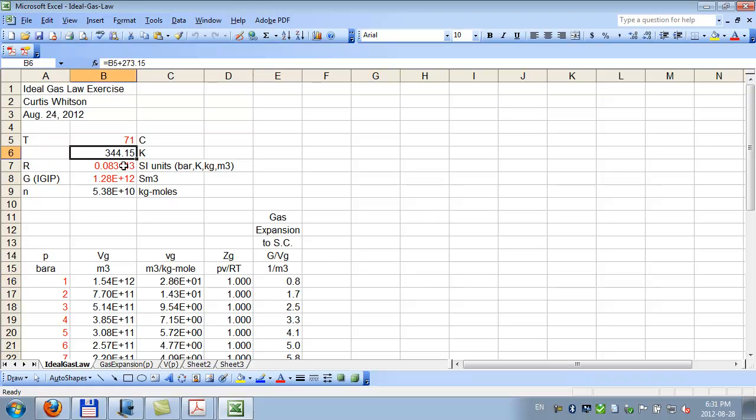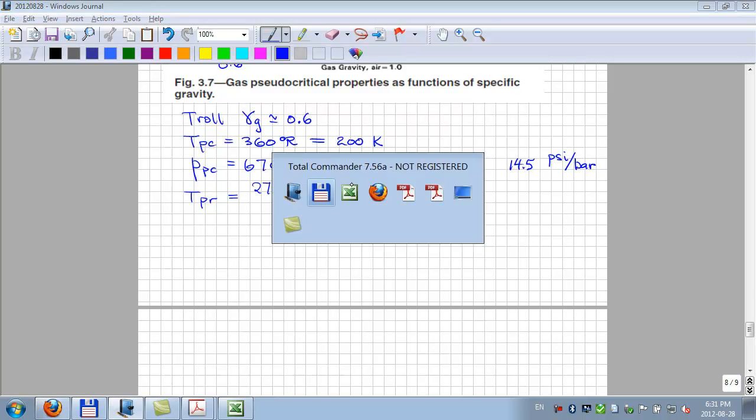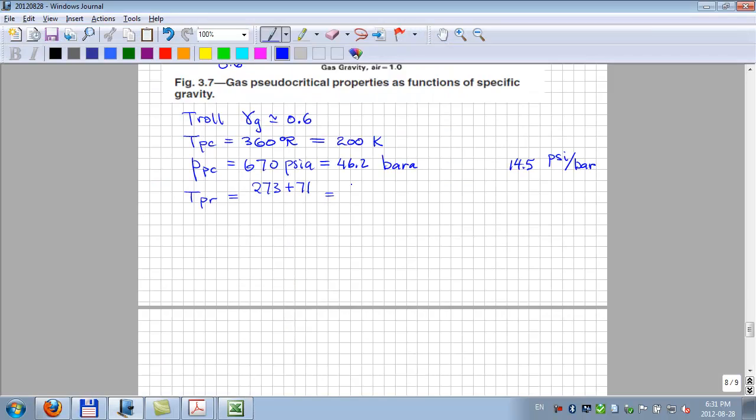Be this one here, 344.15, 273 plus the 71, and that was 344 Kelvin over the 200 Kelvin. And that should be 1.7 something maybe? 1.72. Okay.